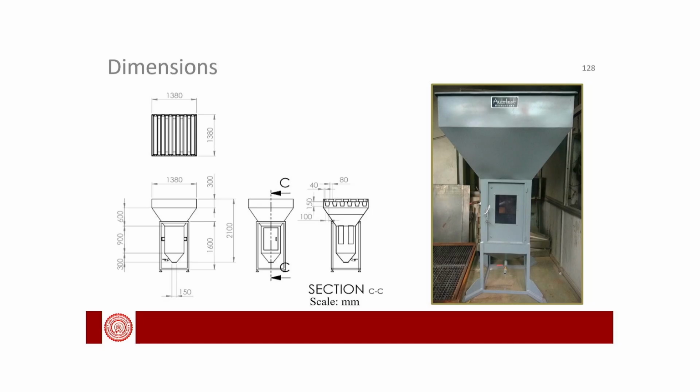These are the overall dimensions. I am not going into the detail of the dimensions. This is the photograph, and here we can just fill the water, and we will get the filtered water from the tap at the bottom.